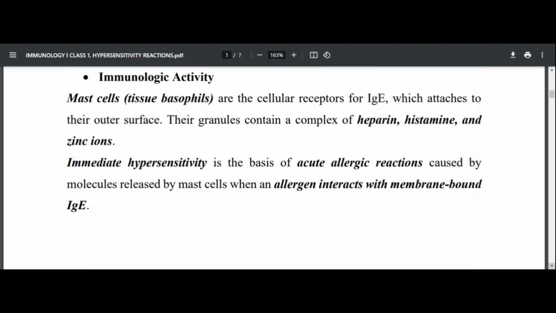So, of course, molecules are released by the mast cell when the allergen interacts with membrane-bound IgE. So IgE is always found on the mast cell as a membrane-bound antibody, which of course interacts with antigen, and that is going to induce release of molecules from granules of the mast cells.